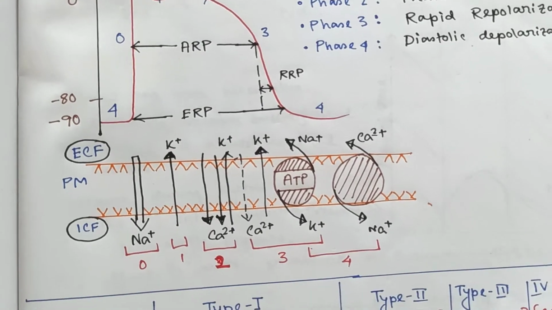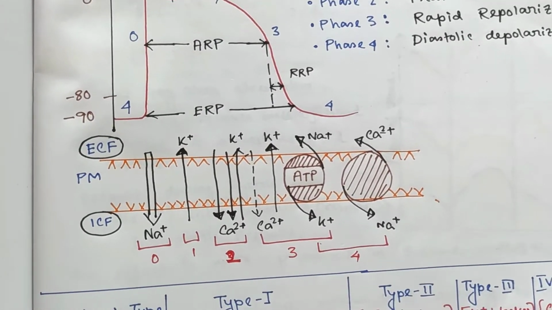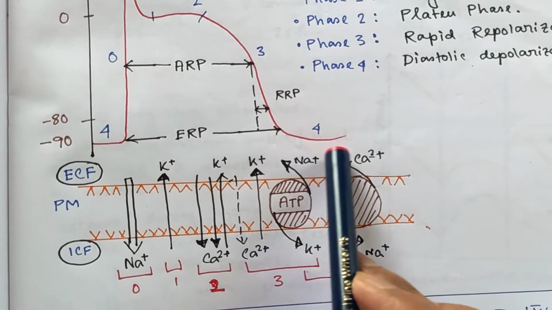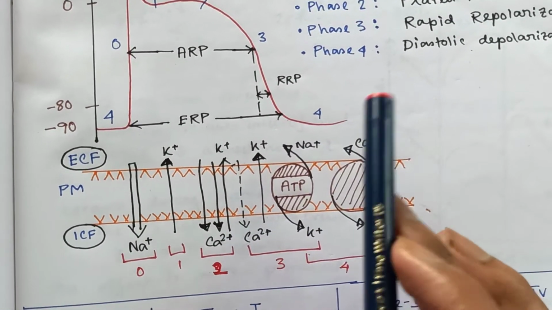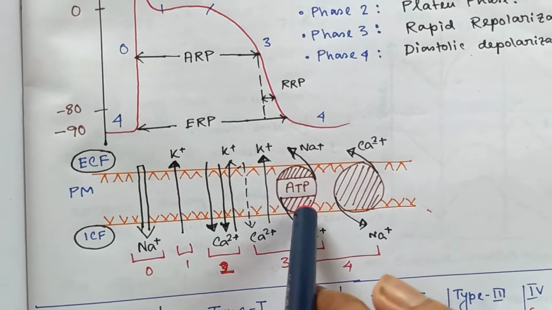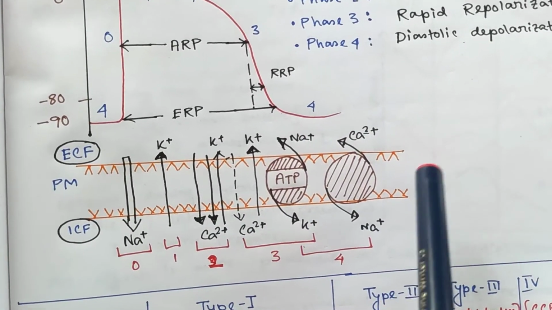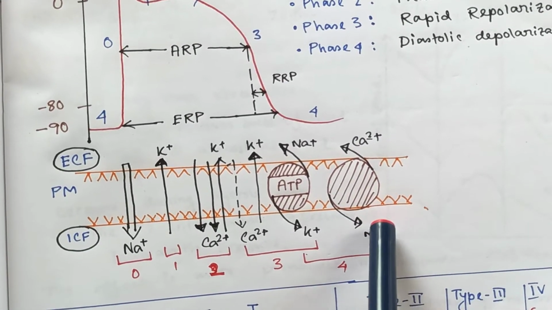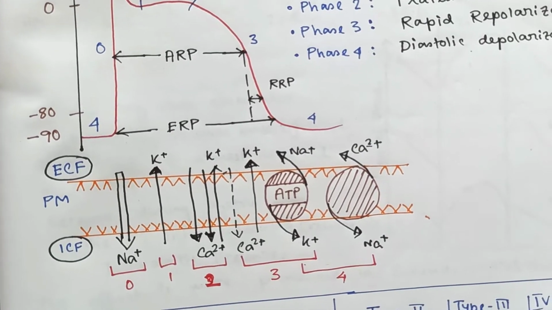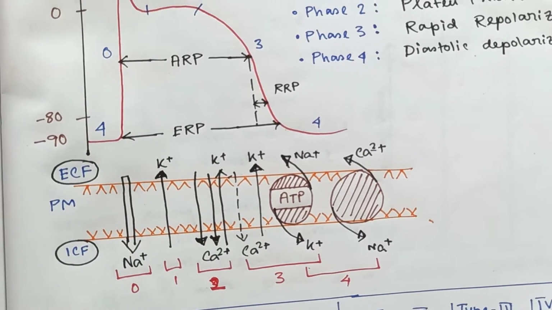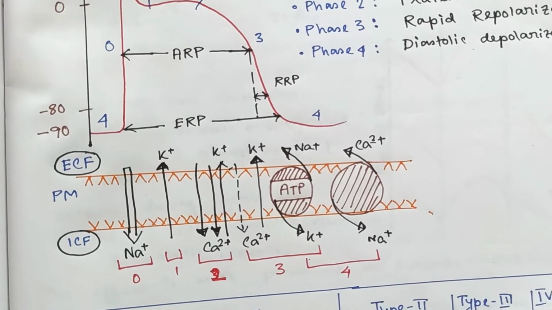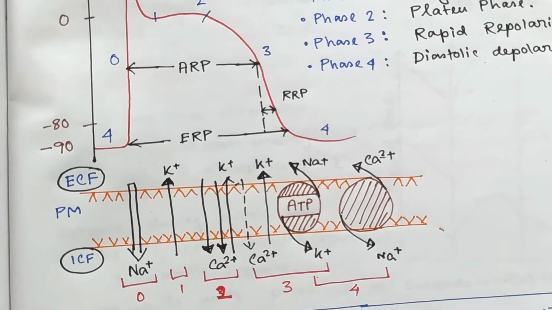Last, the diastolic depolarization. In this phase, the ion balance is returned to normal, and it is caused again by the sodium potassium pump, which actually stabilizes the membrane potential. Outward potassium current always persists because potassium channels are sometimes leaky, and the sodium calcium ion exchanger also removes some calcium from the cell.